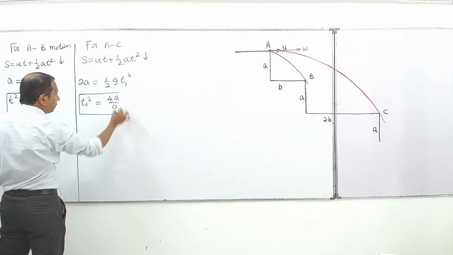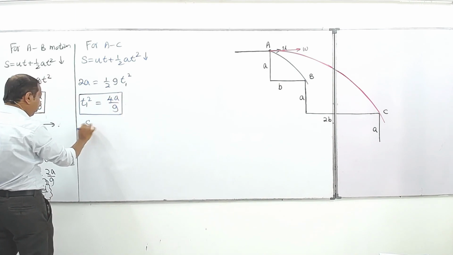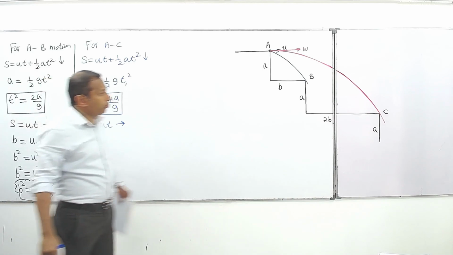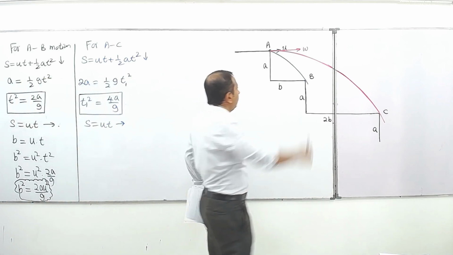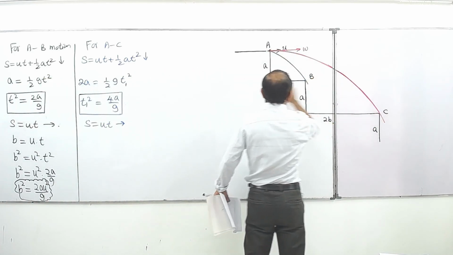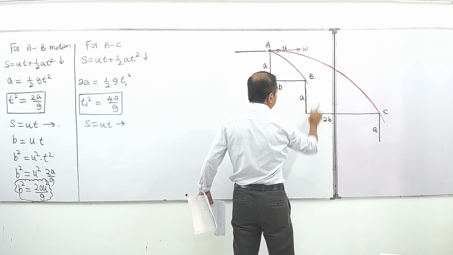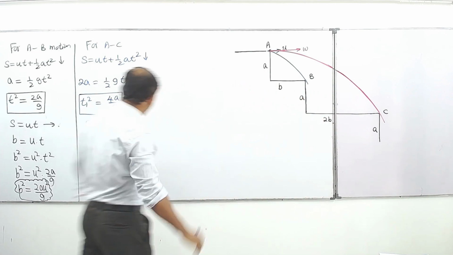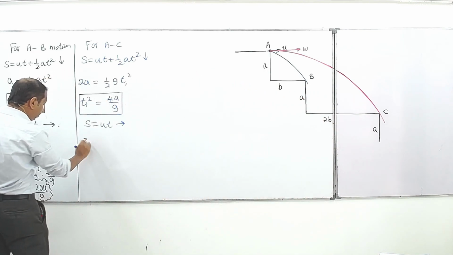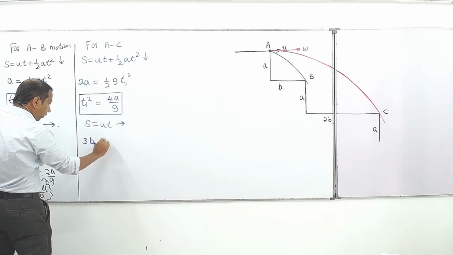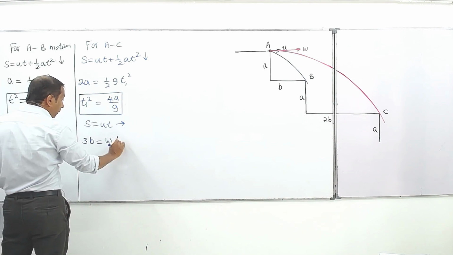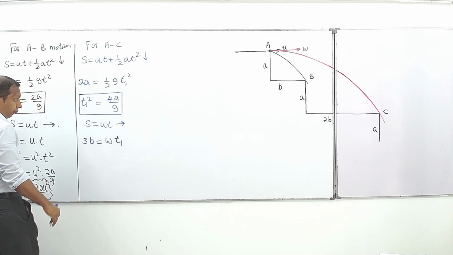Now for the same motion, we apply S equals ut rightward. What distance does it move rightward from A to C? This is b, this is 2b, then we get 3b, no? 3b equals w times t1.